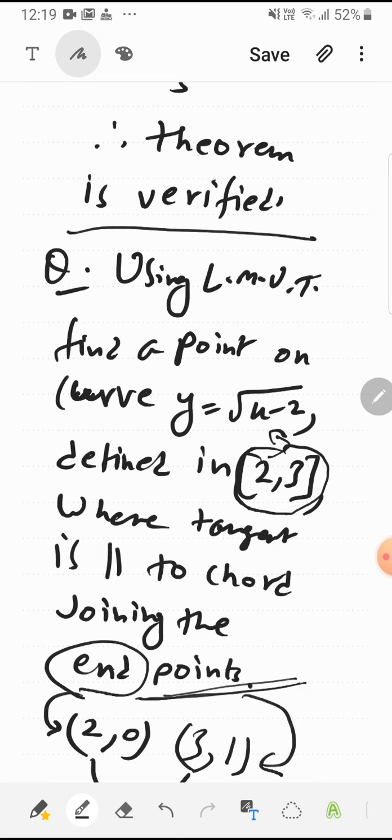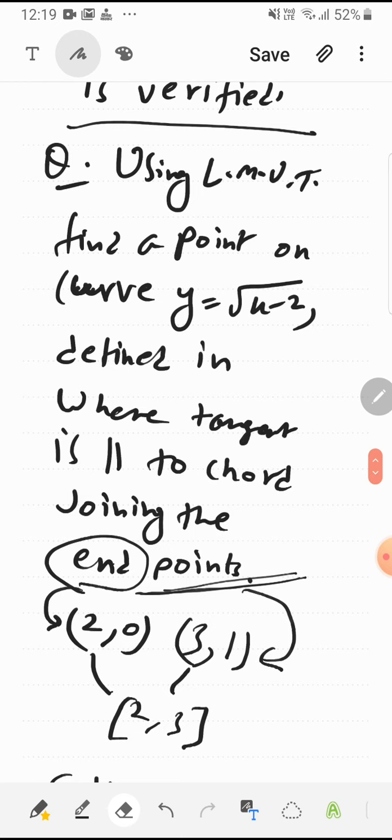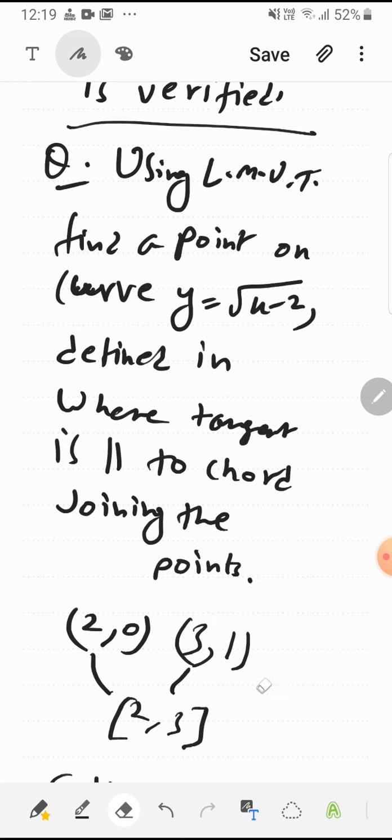Sometimes this interval is not given to you. The question setters never tell you the interval, and instead of end points they say, find the point where the tangent is parallel to the chord joining the points 2, 0 and 3, 1.